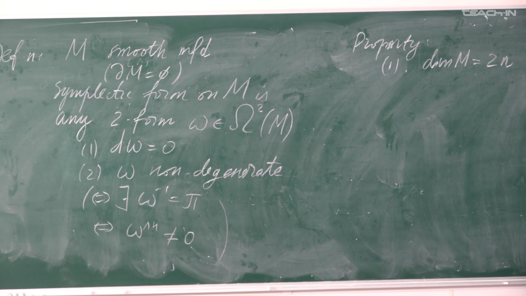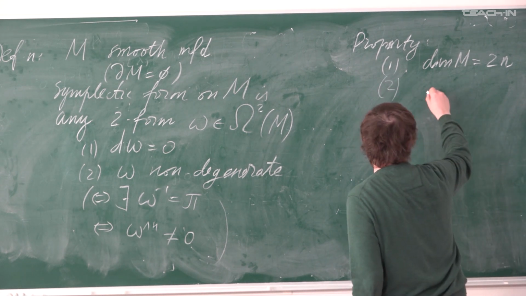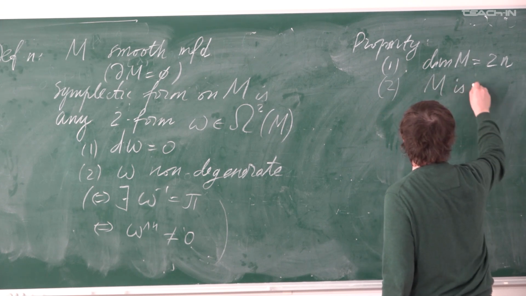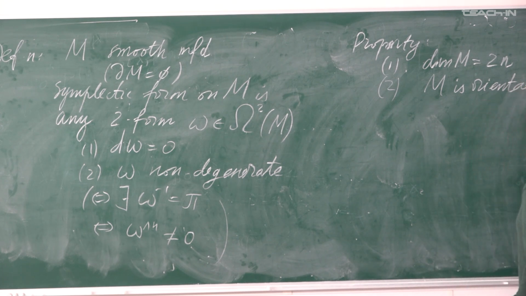There are no non-degenerate antisymmetric matrices on an odd-dimensional vector space. Moreover, it follows immediately that M is orientable. In fact, omega raised to the top degree, which belongs to the top degree differential forms on M, is non-zero, and hence it gives you a volume form.